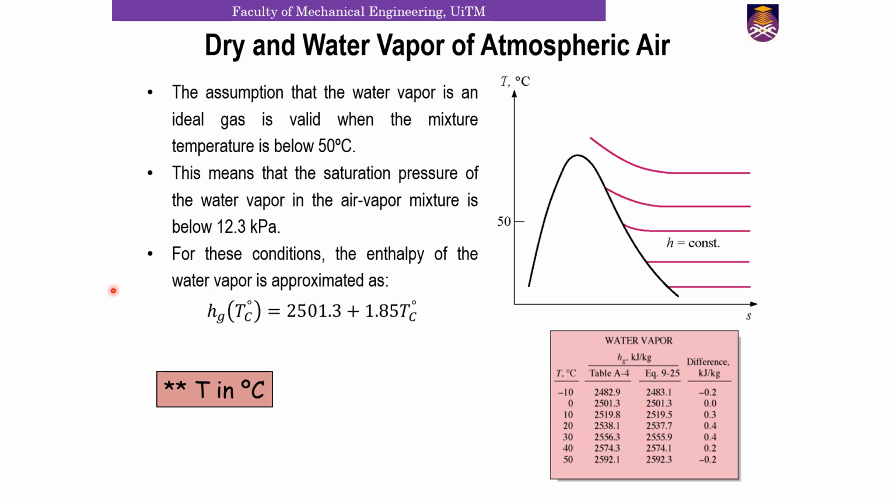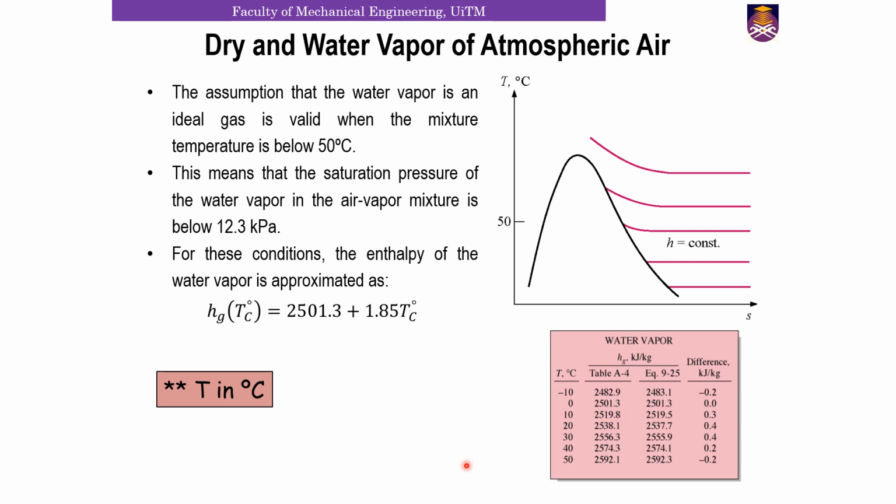If you find the enthalpy based on the equation given here, and you find the enthalpy based on the property tables and charts, you will see that the difference is very small for the temperature range between -10 and 50 degrees Celsius.